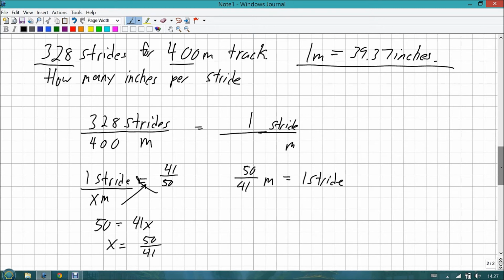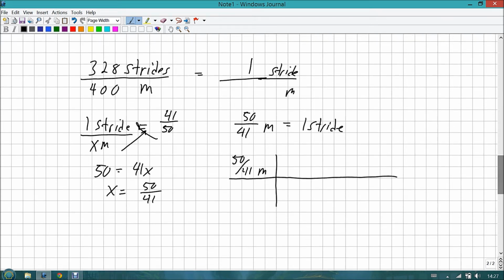Now when we do unit conversions, I like to do something called a railroad track. I put up a little track like this, a horizontal line, and then on the top I put the units that I have. In this case, 50 over 41 meters. And then I would go along and use my unit conversions to get to my final location. And what I want is inches.